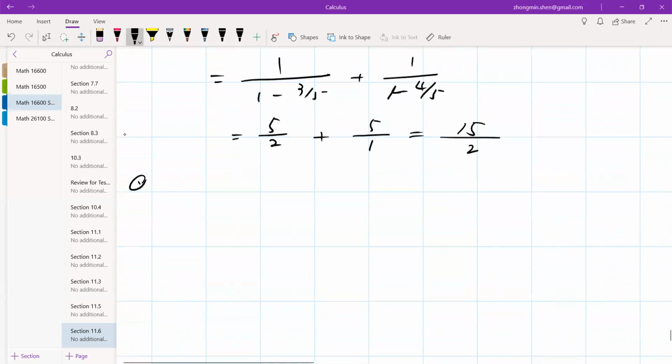Yeah, here's the question. Last one, maybe. Is it convergent?